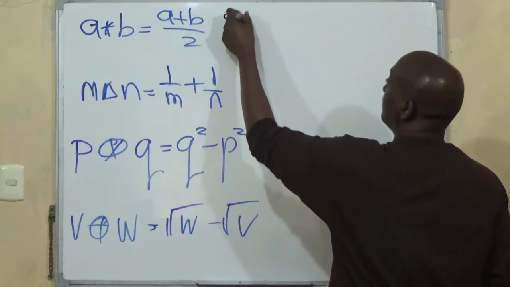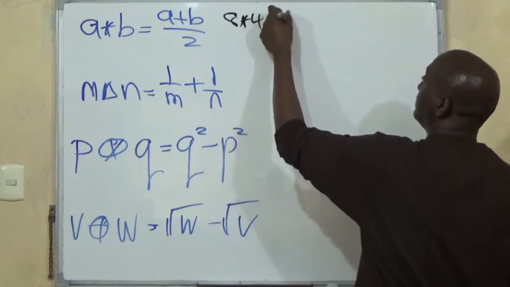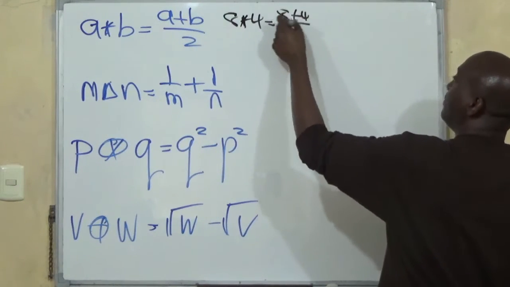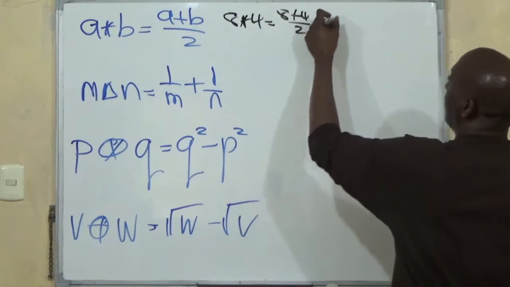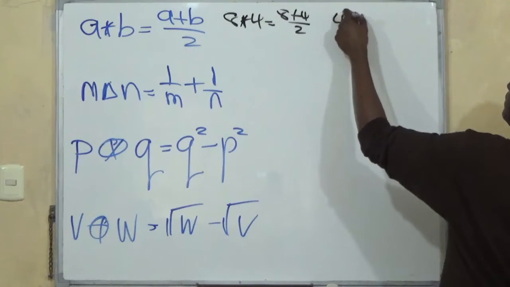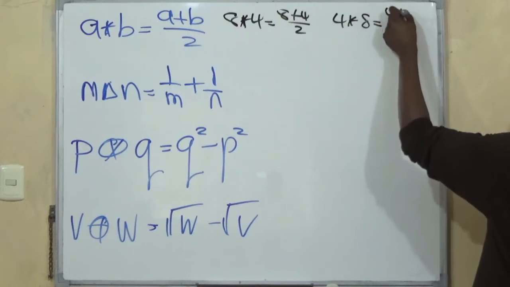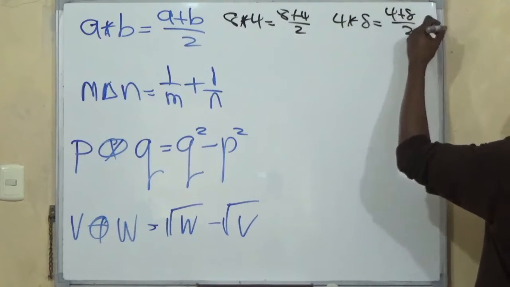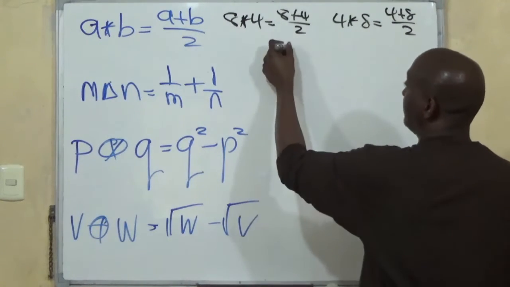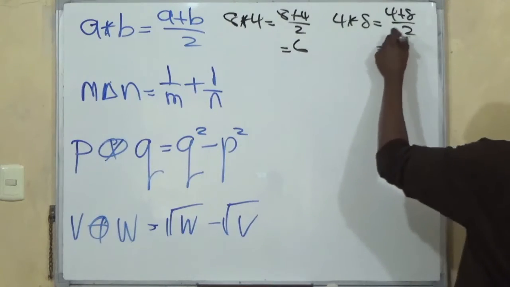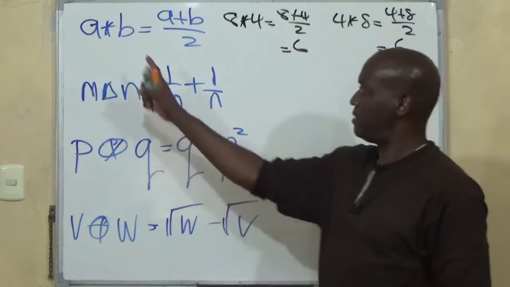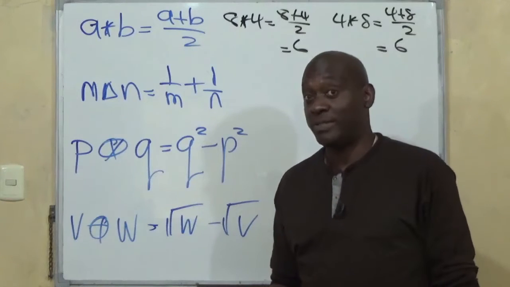8 star 4 is equal to 8 plus 4 over 2, and 4 star 8 is equal to 4 plus 8 over 2. In both cases, 12 over 2 will give us 6. Right? So in this case, yes, A star B is commutative.